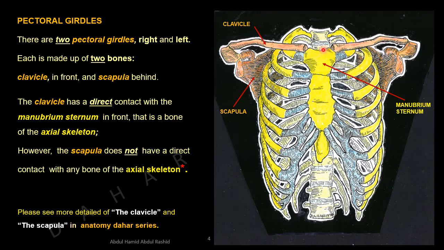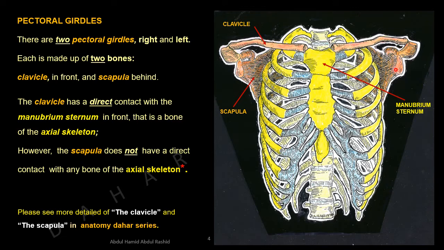In the diagram, if you see, this is the sternum situated in front. There are a pair of pectoral girdles, right and left. Each is made up of two bones, clavicle in front and scapula behind.